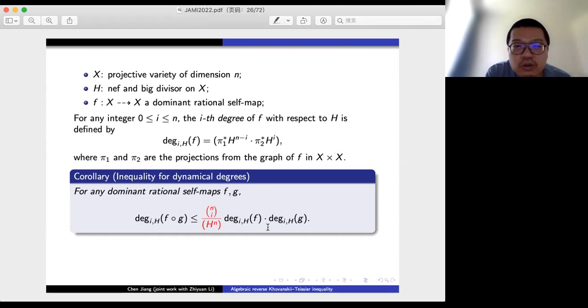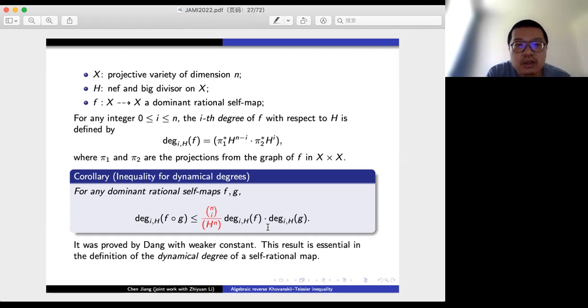This was first proved by Dang with a weaker constant, maybe like (n minus i plus 1) to the power i or something, by a weaker inequality. But by our inequality we can improve this. Of course, we don't know if this constant is optimal.